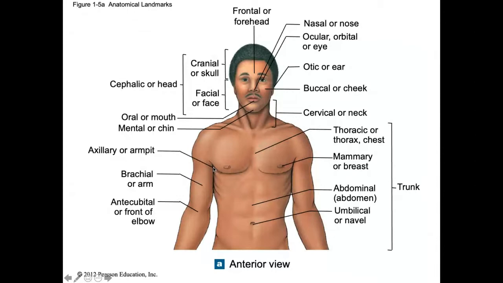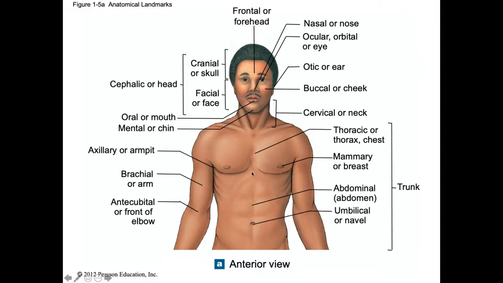So these terms really are significant because when you hear of, well, where's the cervical vertebrae, that would be here in the neck. When you hear the axillary artery or the axillary nerve or the axillary vein, you know it's got to be running through the armpit. When you hear of the biceps brachii, we know it's going to be somewhere here. When you hear of rectus abdominis, you know it's going to be here.